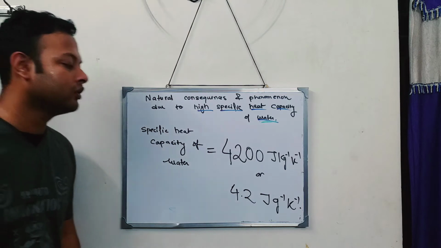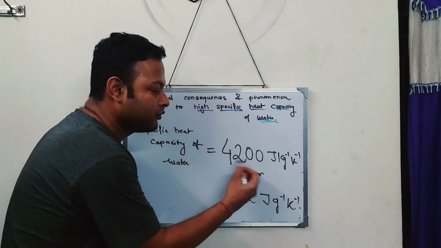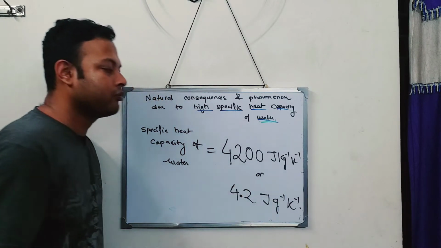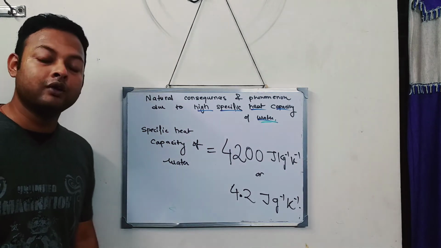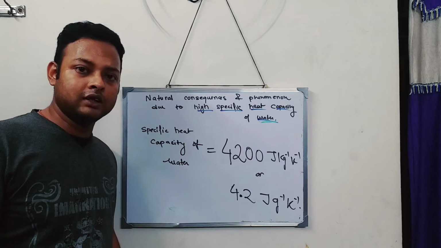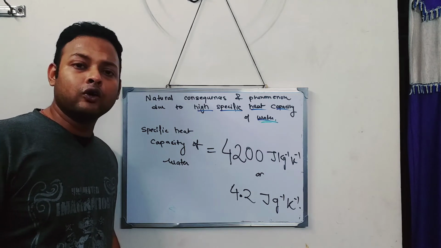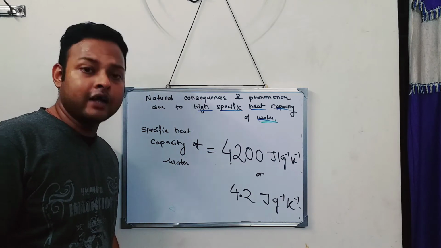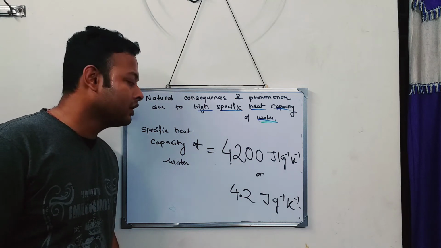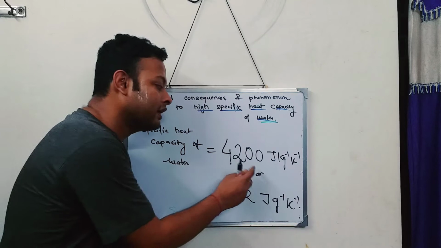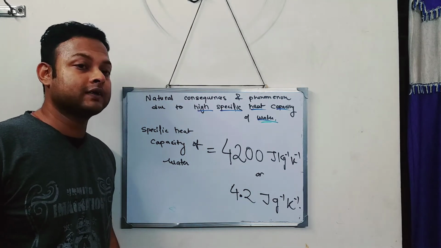We know this value. In kg it becomes 4200, in gram it becomes 4.2. Now this value is a very high value if you compare with all the other substances that we have in our book. Like compare ice, compare with copper, compare with iron. Water, this value is highest, 4200 is highest.